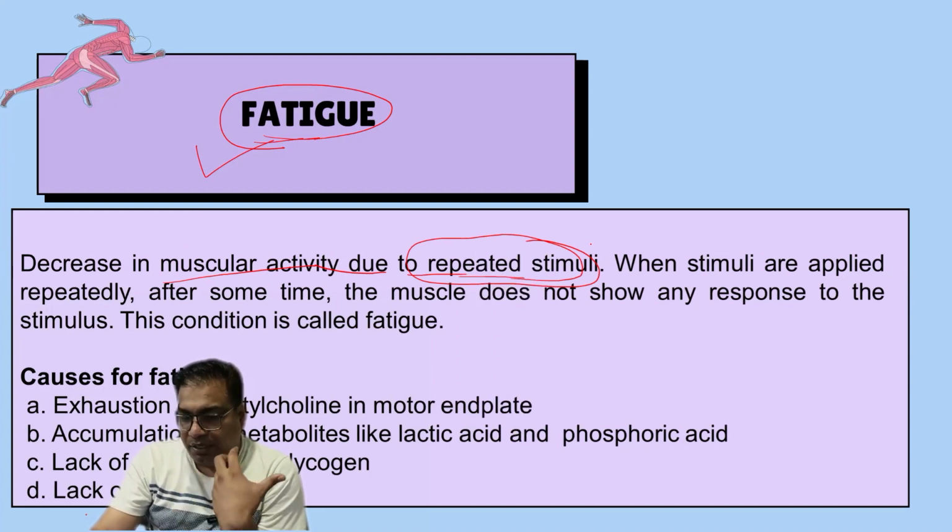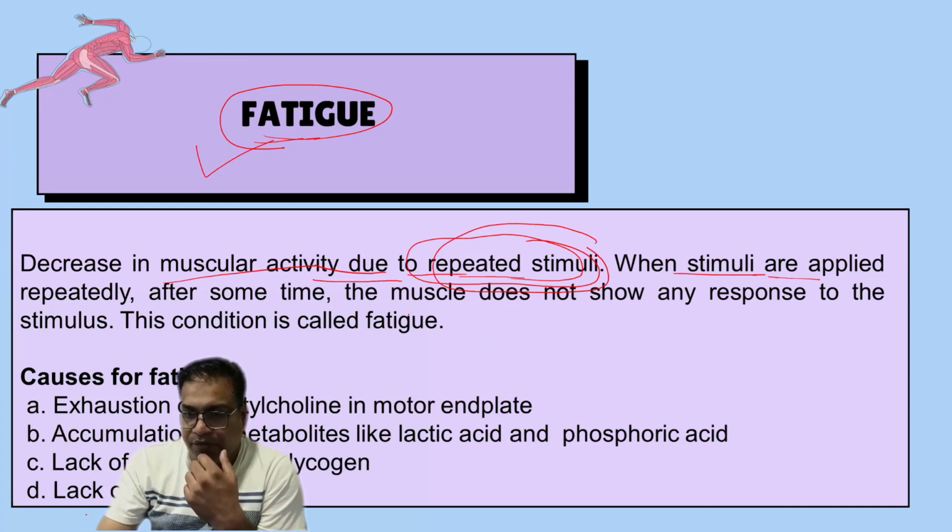But if we are applying more than two stimuli, then we observe clonus and tetanus, and here we have the fatigue property. When stimuli are applied repeatedly, after some time the muscle does not show any response to the stimulus. This is called fatigue.